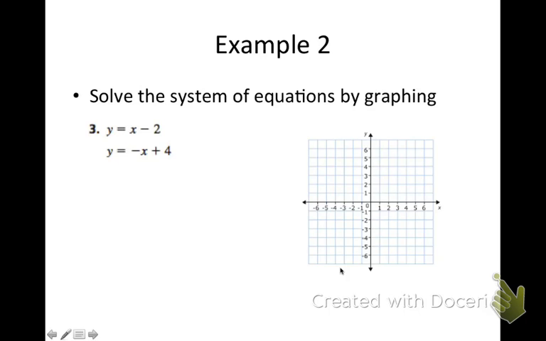So for the first one, we could go ahead and just graph it using the slope-intercept form. So if the y-intercept is negative 2, and my slope is a positive 1, I'd write at least another point, and then it's going to be hard for me to draw the line. Okay.